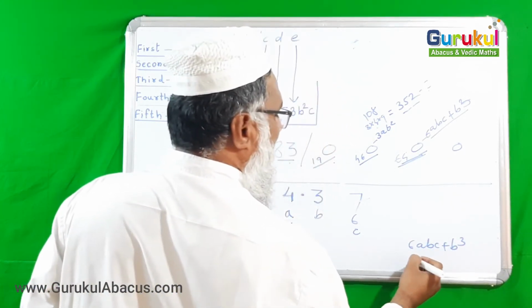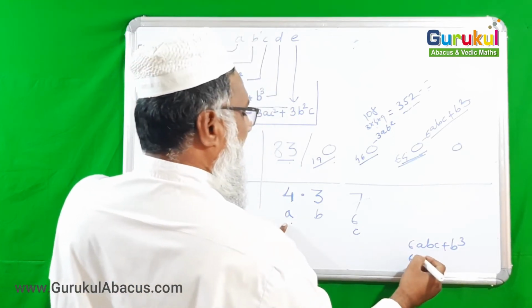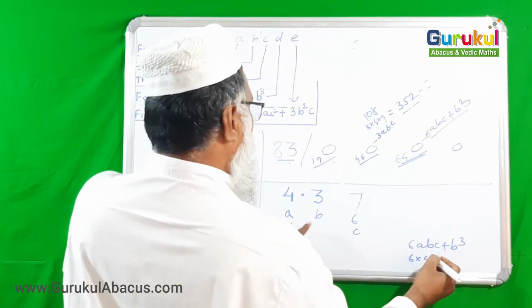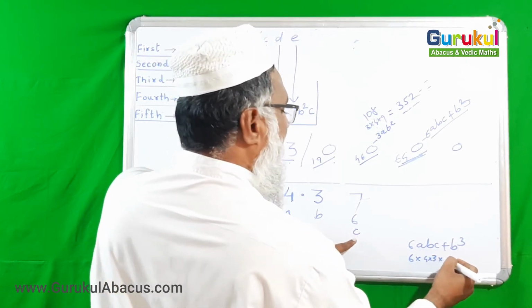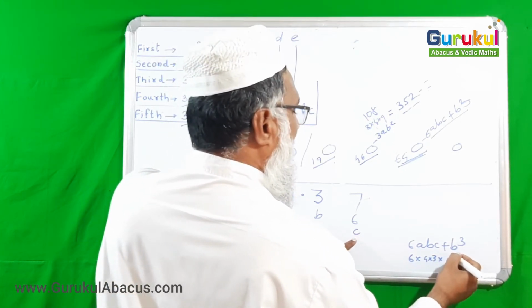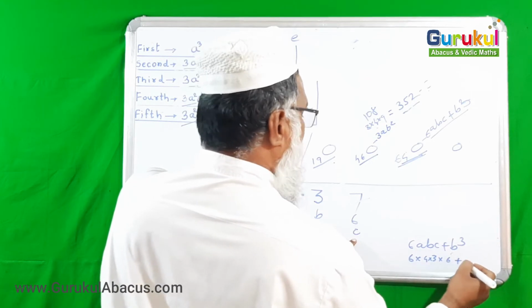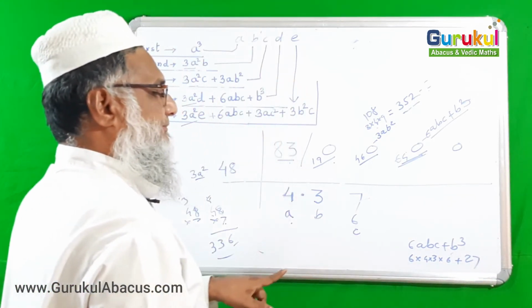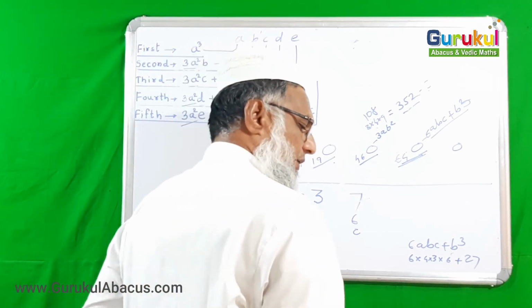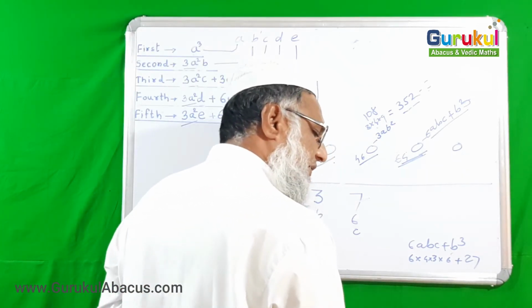So A is 4, B is 3 and C is 6, so 6abc plus b cube. 3's cube is 27. Okay, now this whole addition we will do.